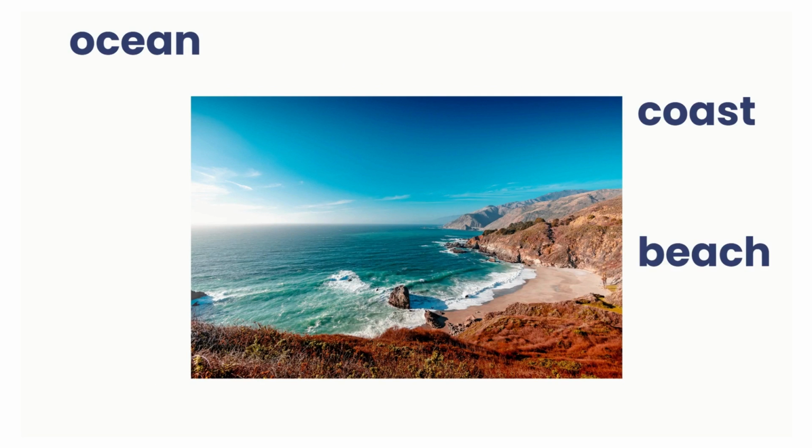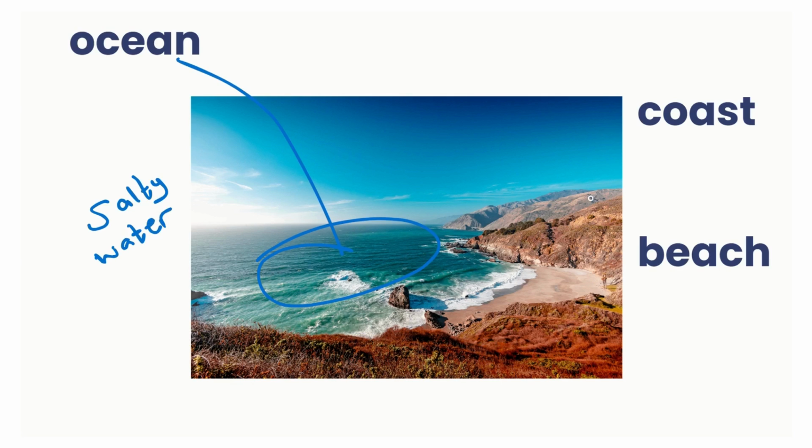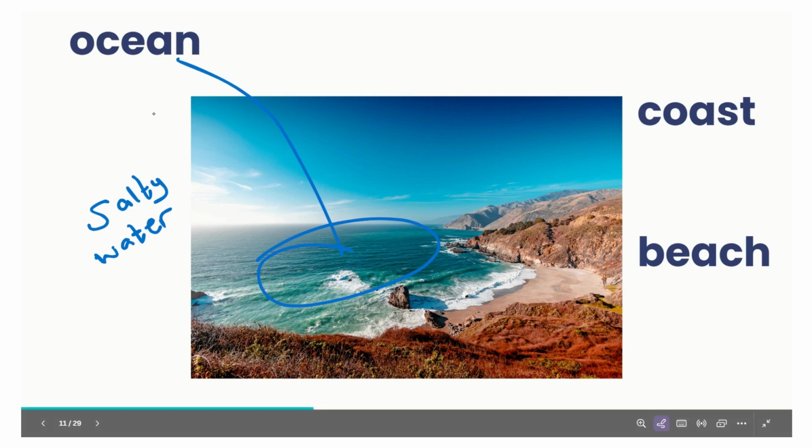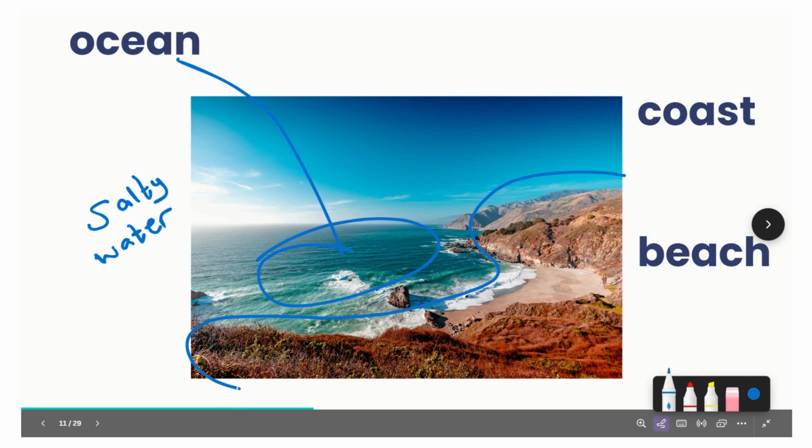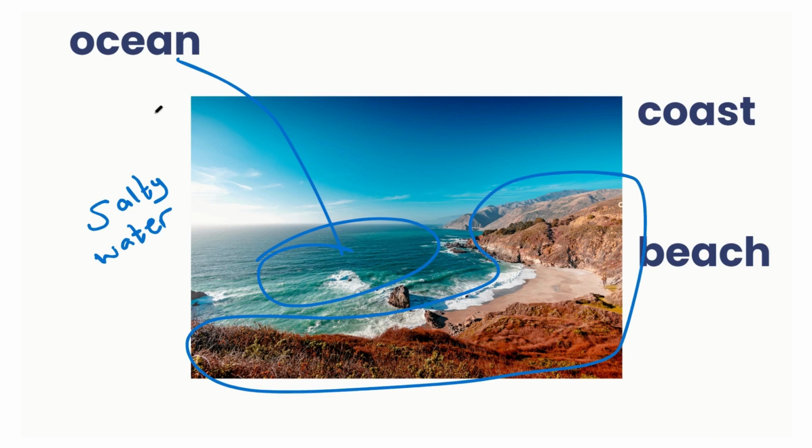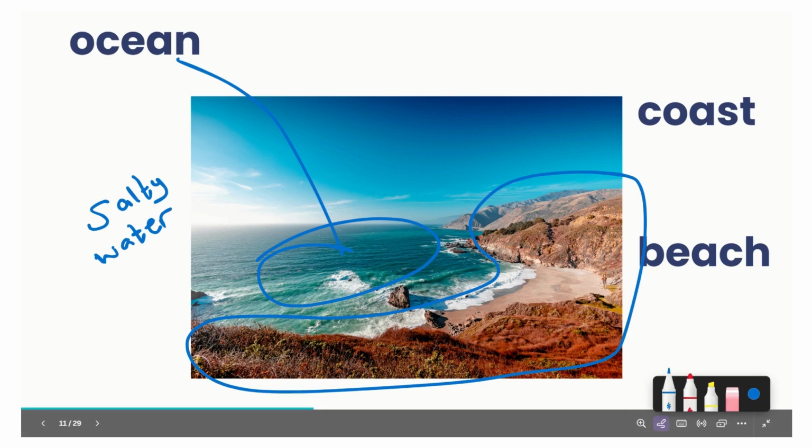The next words we are going to look at are ocean, coast, and beach. The ocean is this big area of very salty water. The coast is all the land next to the water.